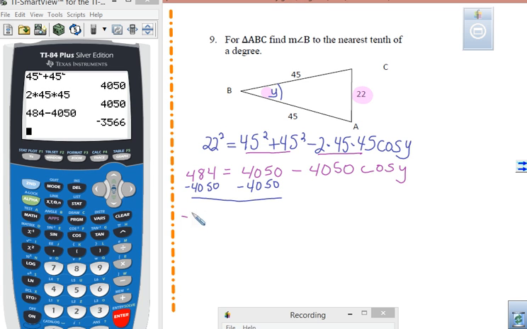And I get negative 35.66. Then I need to divide by the negative 40.50.